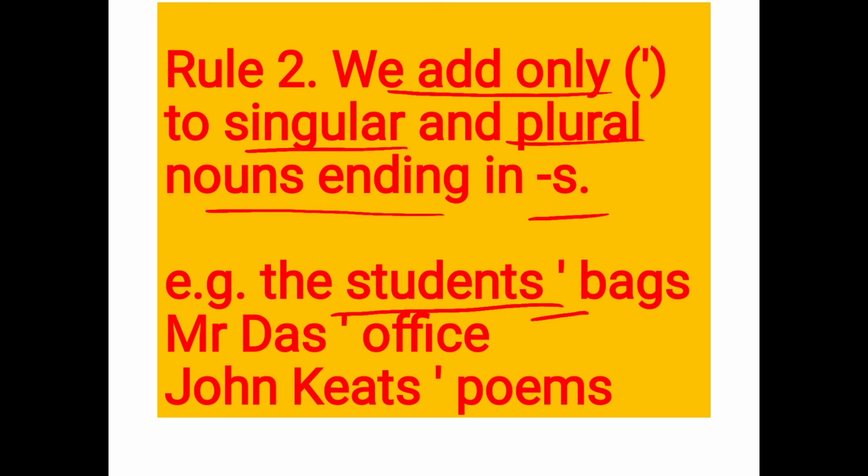In this example, you can see that the noun is plural. Mr. Das's... Mr. Das' is ending with s and it is a singular noun. Third example, John Keats'. It is a singular noun but it is ending with s.